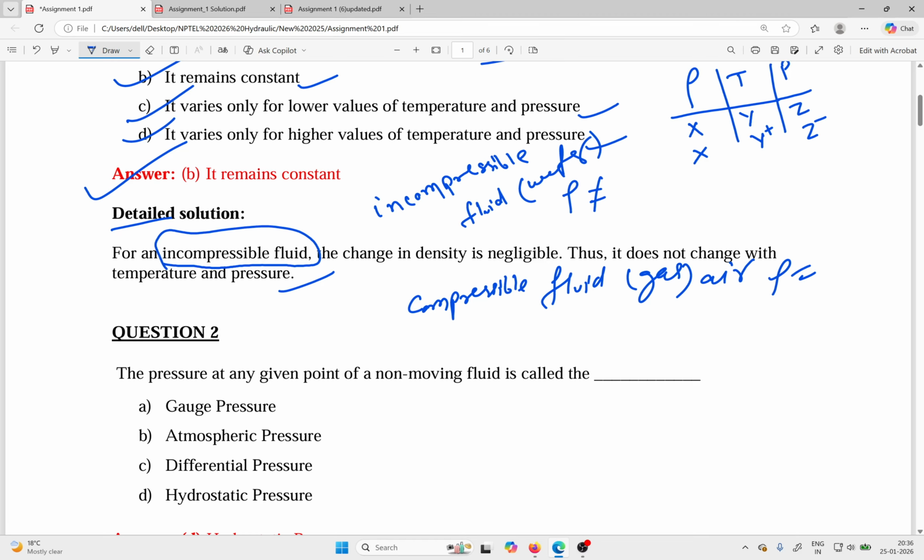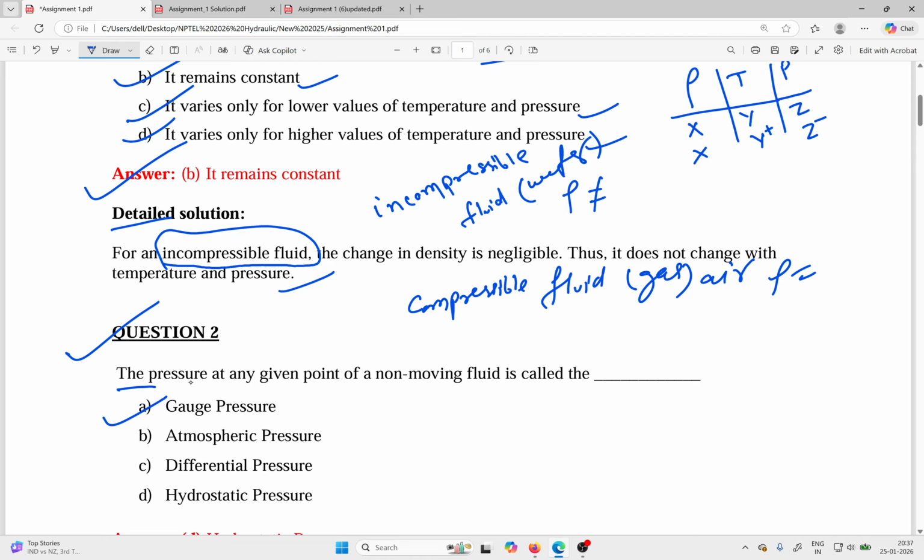Now question number two. The pressure at any given point of a non-moving fluid is called: gauge pressure, atmospheric pressure, differential pressure, or hydrostatic pressure.